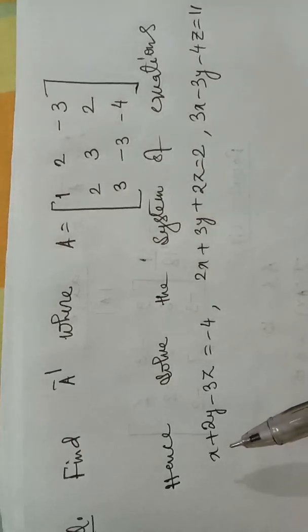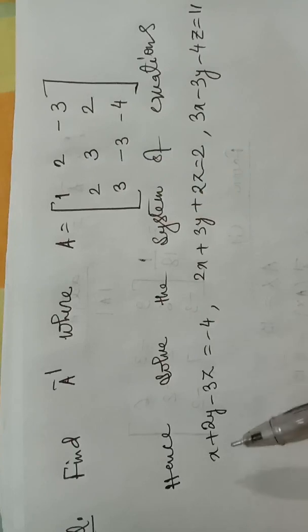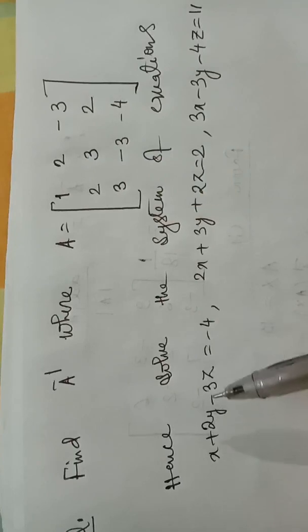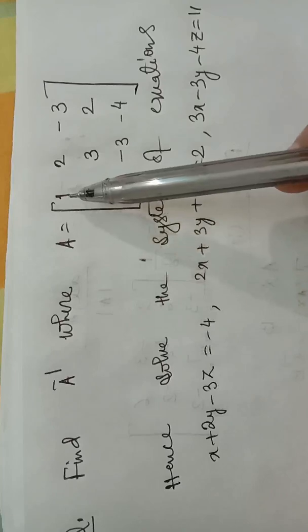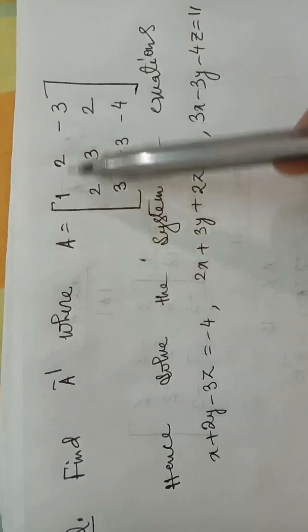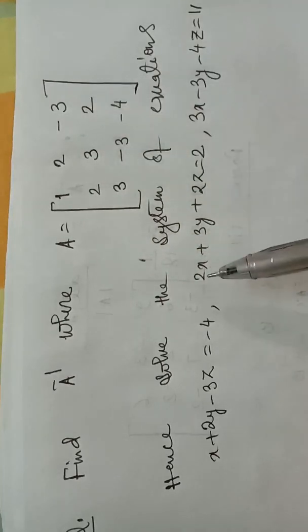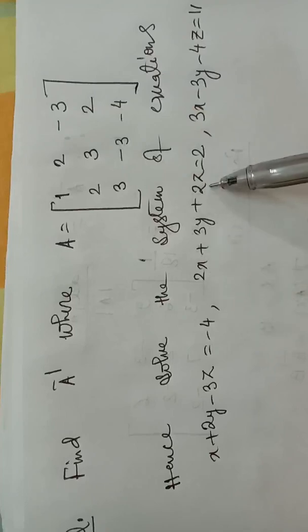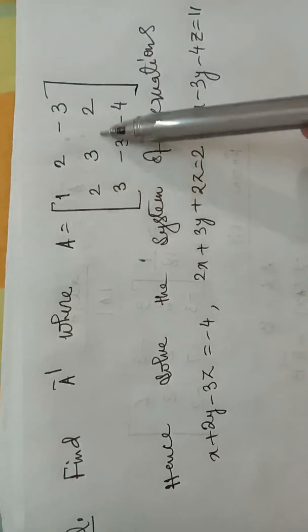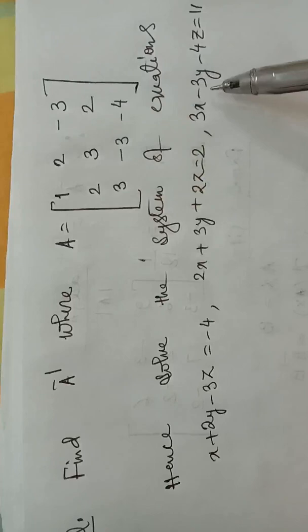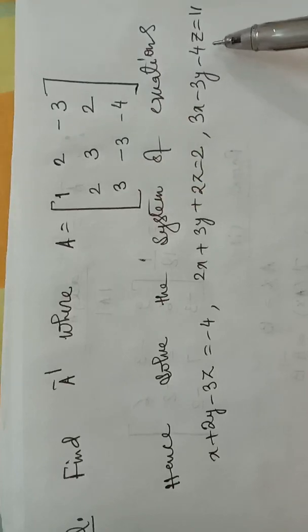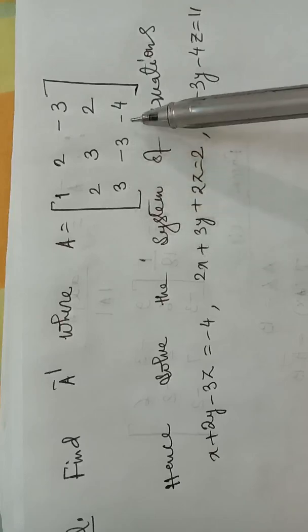The first equation is x plus 2y minus 3z. You can see the coefficients are 1, 2, minus 3, and you can see 1, 2, minus 3 is the first row of A. Similarly, 2, 3, 2 are the coefficients, which is the second row of A, and 3, minus 3, minus 4 is the coefficients of the third equation, which is clearly the third row.